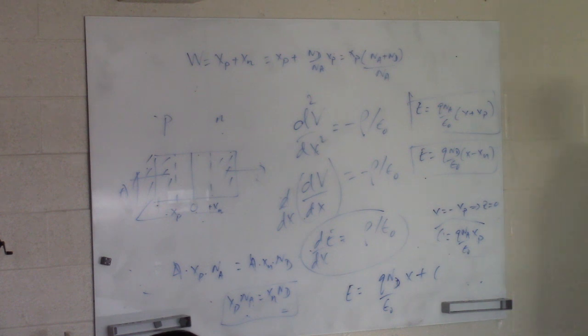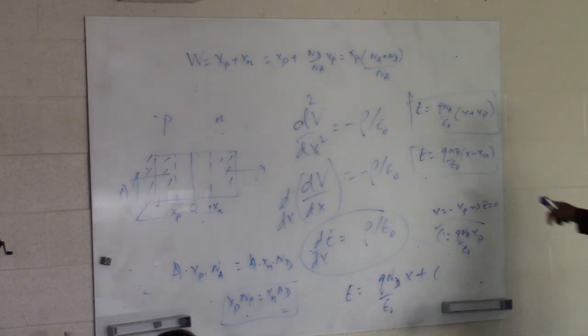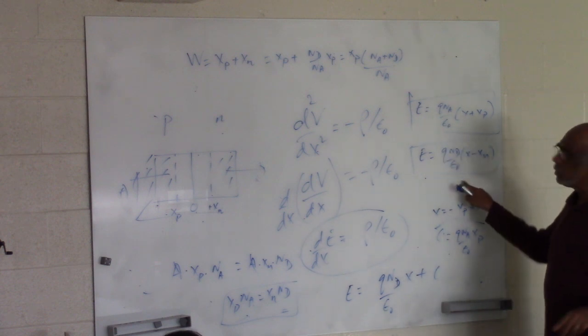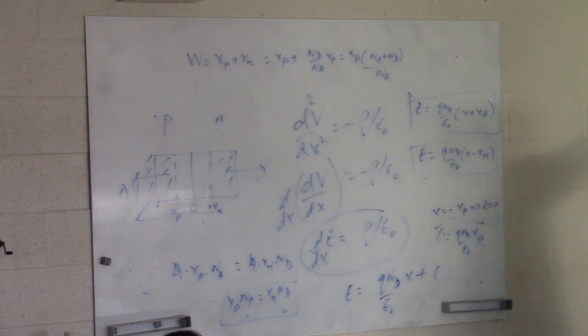Then, like I said, you can calculate your electric field and all these things. That's basically the Poisson thing. I'm going to give a homework problem to derive this. It's very simple, just use the boundary conditions.